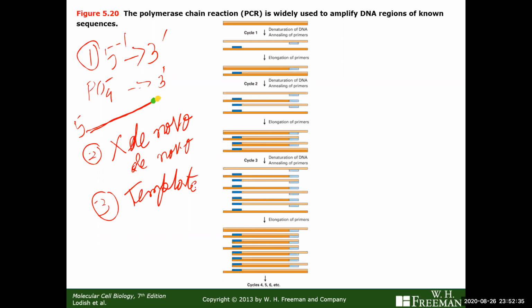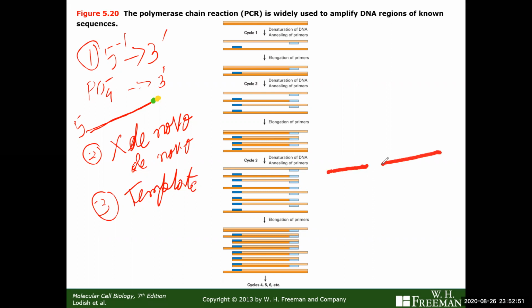So what it means then is that if you have a DNA, this is 5' to 3', and you make another DNA that is 5' to 3', and then you add a polymerase, then one base will be added to it.